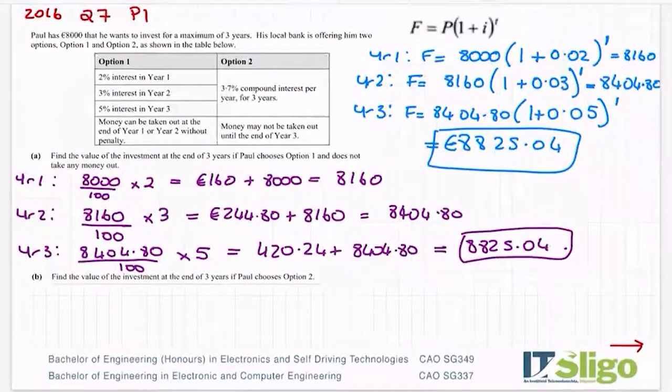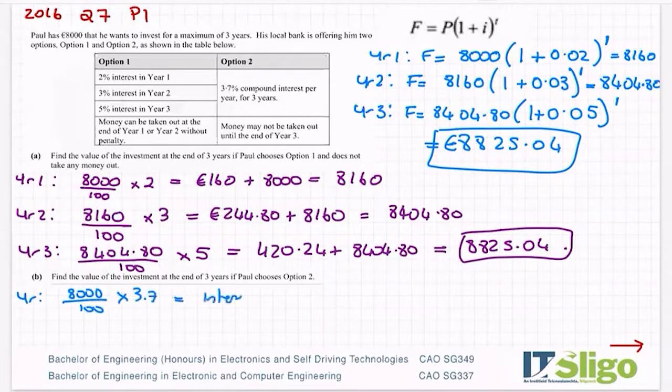The long way of doing this would be year 1, you would do 8,000 divided by 100, multiply by 3.7%, get your interest, add it on to 8,000 and work out the total amount. And then do the same for year 2 and do the same for year 3. So in other words, exactly what we did up here, except the interest amount stays the same.